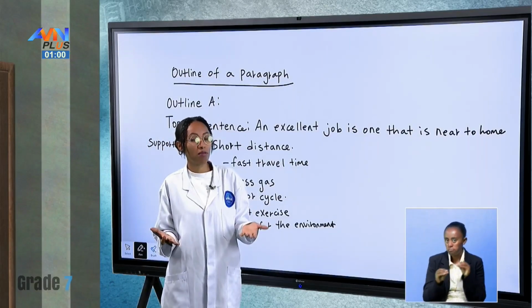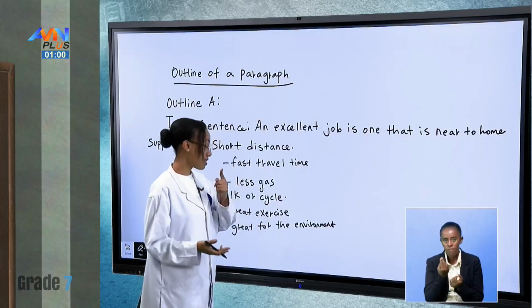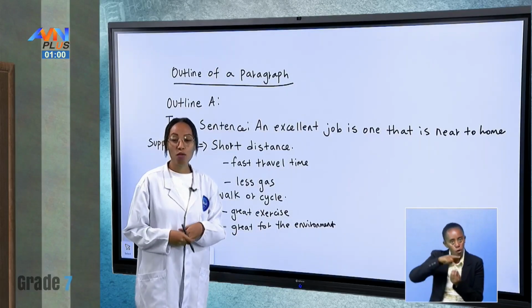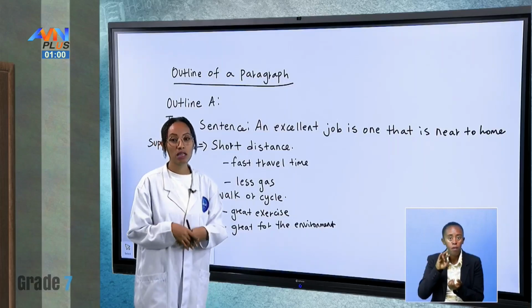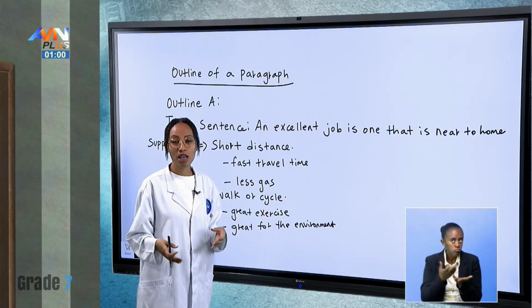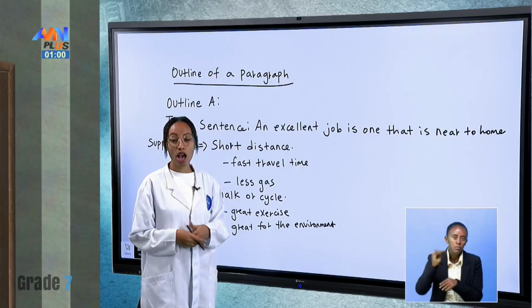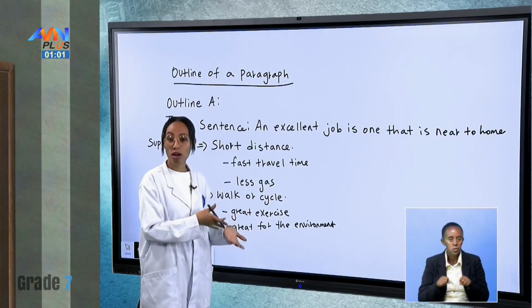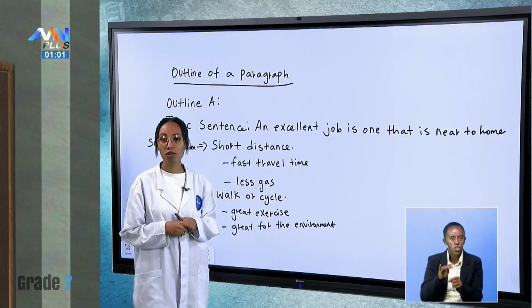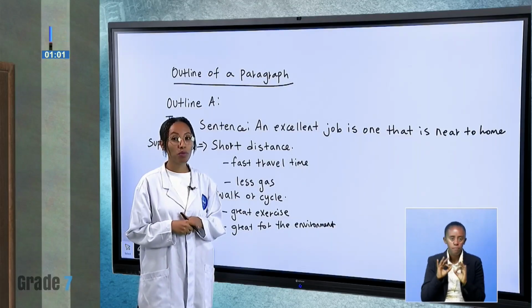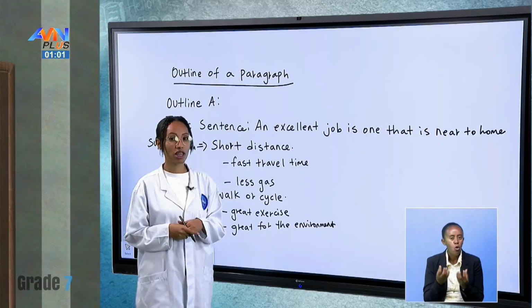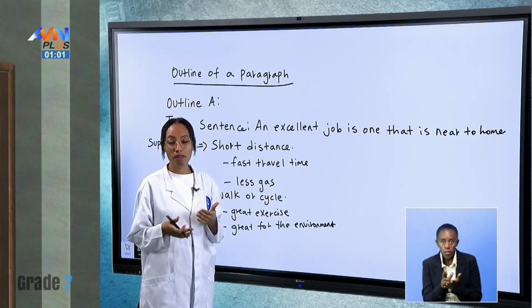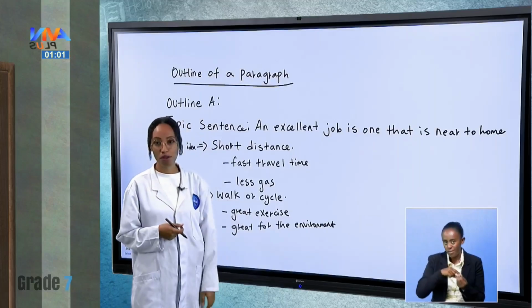So it will have health benefits, and it will also be great for the environment. Instead of all the gases released from the cars that you see everywhere in the city, if people prefer cycling or taking a walk, that would be really good for the environment, because there would be a big reduction in gases that are polluting the environment. So great for the environment as well.